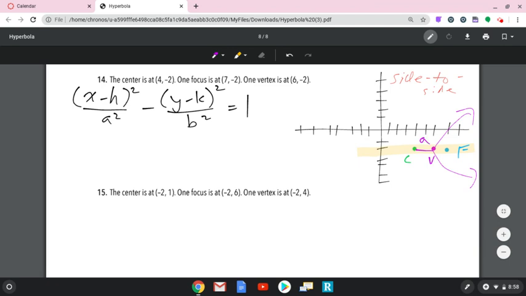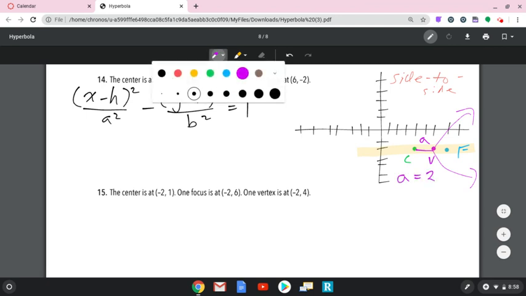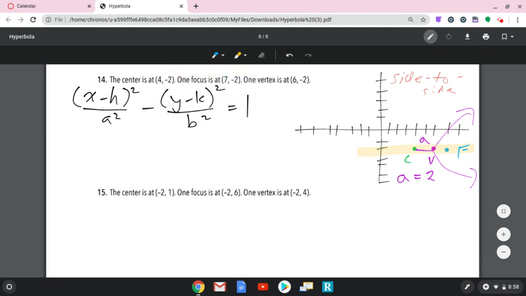My vertex is (6, -2) and my center is (4, -2), so that distance a is equivalent to 2. On the same note, the distance between the center and the foci is c. The blue would be c, and I would know that c is 3.